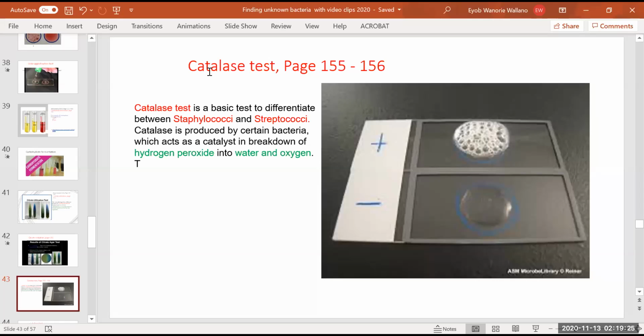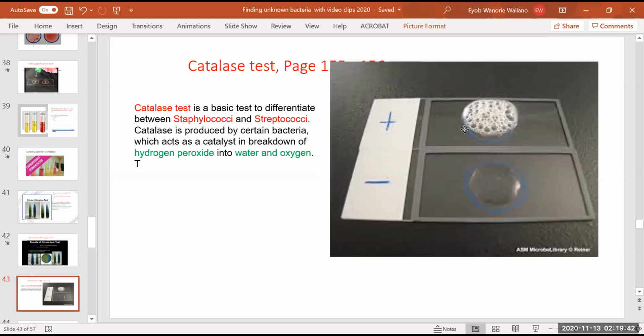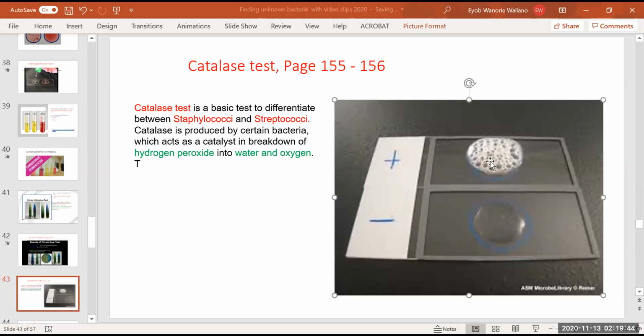When we add hydrogen peroxide, H2O2, to bacteria on solid media, on a slide, we drop one or two drops of hydrogen peroxide, and it makes bubbles.